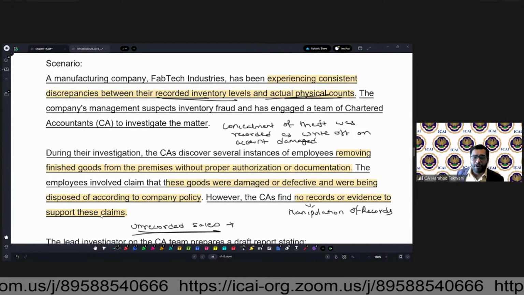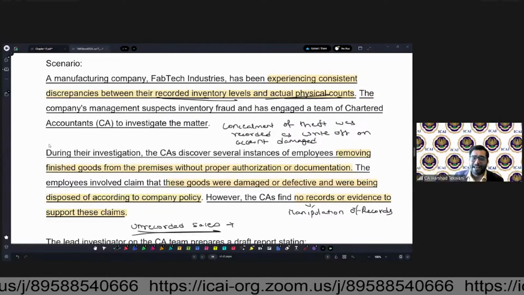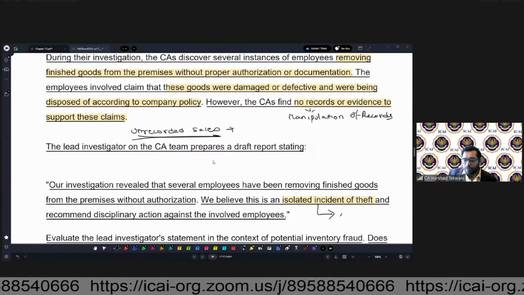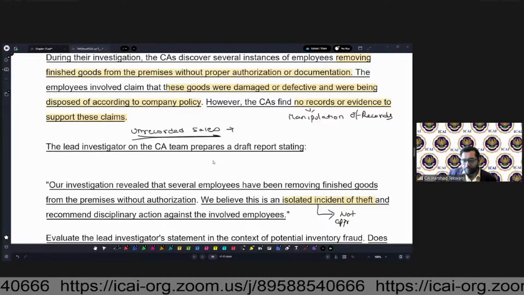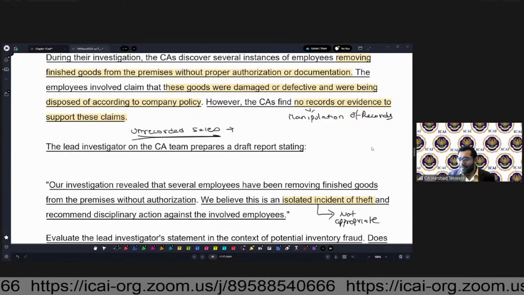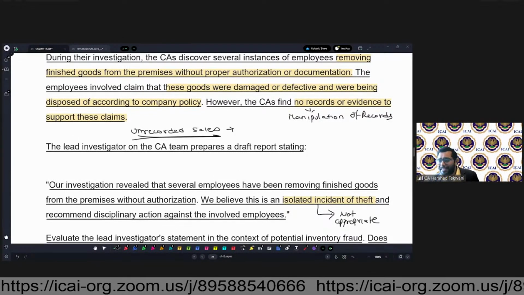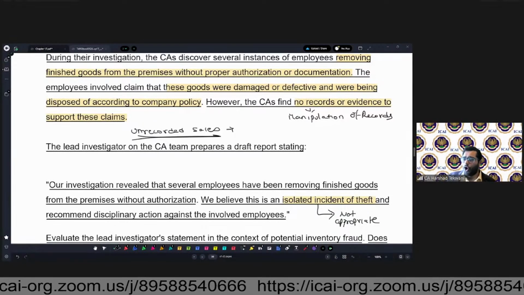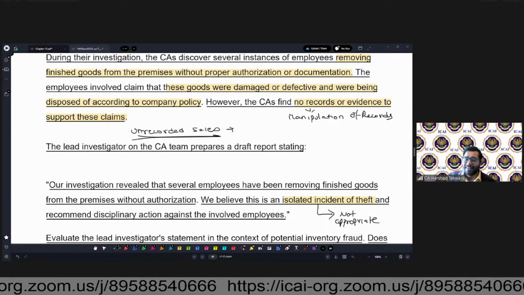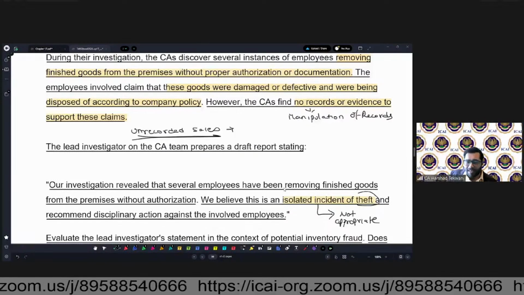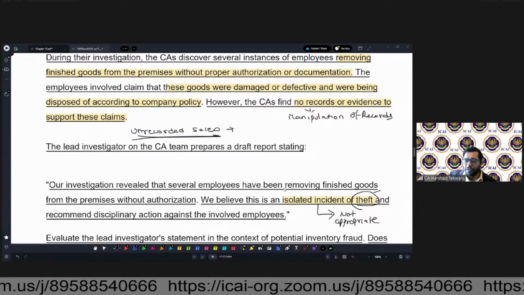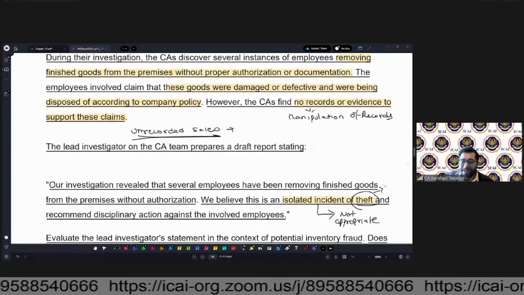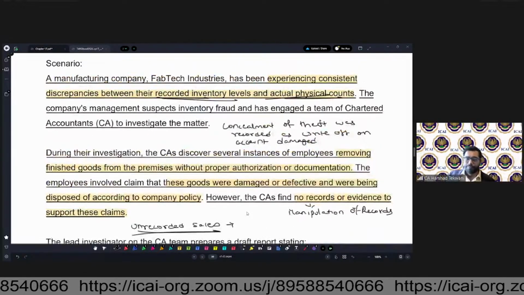So these are some kinds of inventory fraud that can happen over here, and terming them as an isolated incident of theft is not appropriate. As a result, the CA team should consider these possibilities. There could be a larger scheme of fraud involved, and they should not limit their focus to the simple theft. It should be investigated further with respect to other types of inventory frauds.